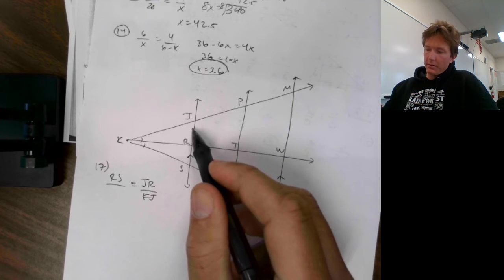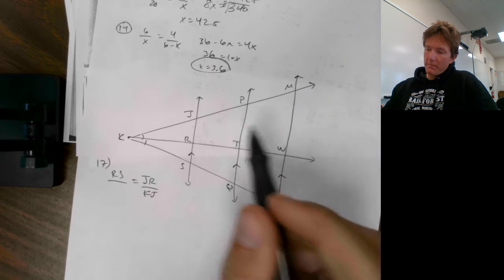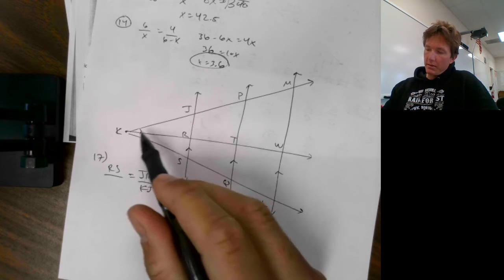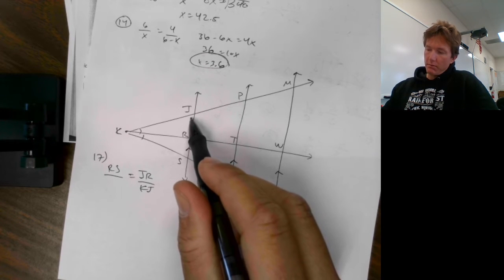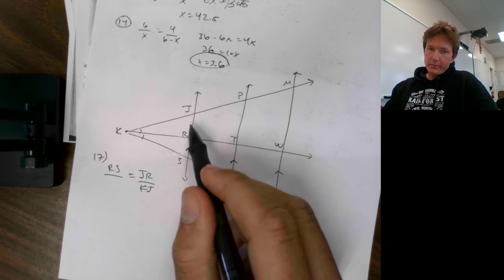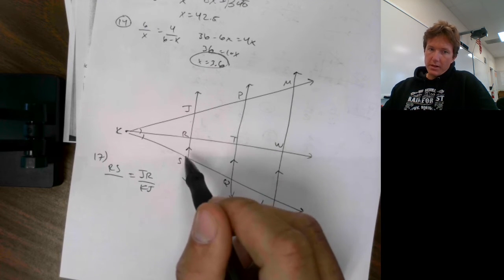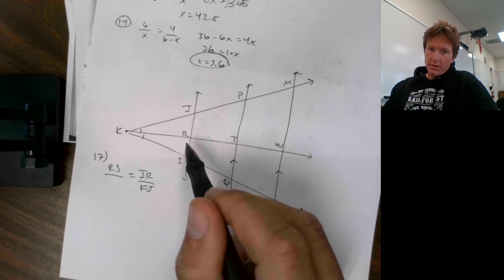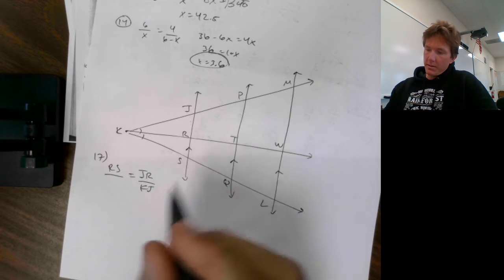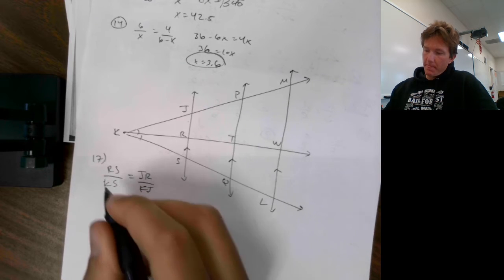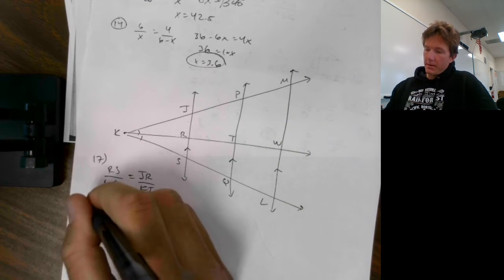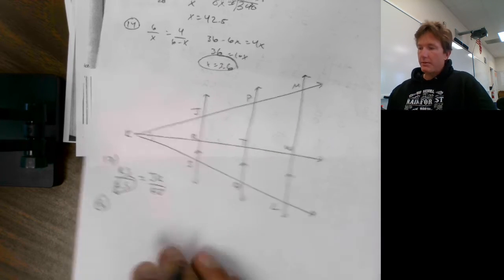Well, if I look at the relationship between JR and KJ, I can see that they adjoin at vertex J, kind of in this manner. So if I'm looking at RS, the side that adjoins in a similar manner would be KS. Number 18. So KS was the answer for that one.